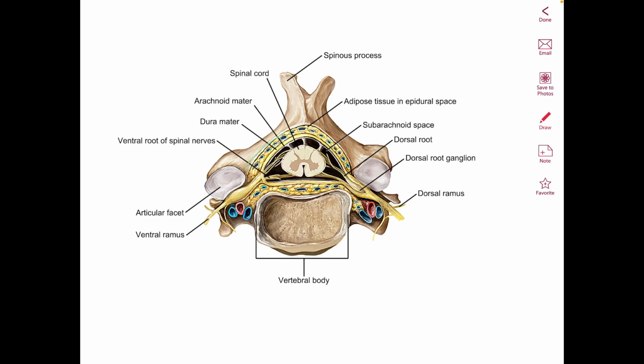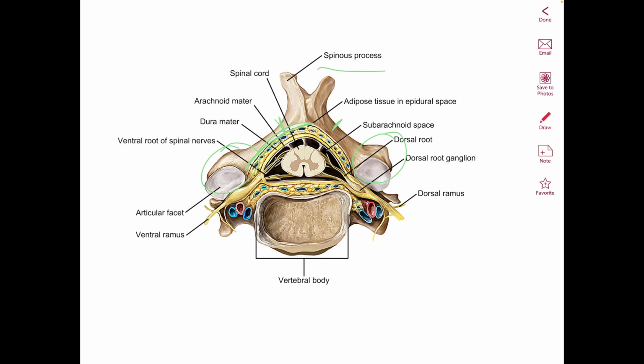Now, this vertebral arch gives rise to 7 processes. First, we have a spinous process, and this one projects posteriorly from the junction of the 2 laminas. So this is one lamina, this is another lamina right here. Then there are 2 transverse processes, which are these structures right here. These project laterally from the junction of the lamina and the pedicles.